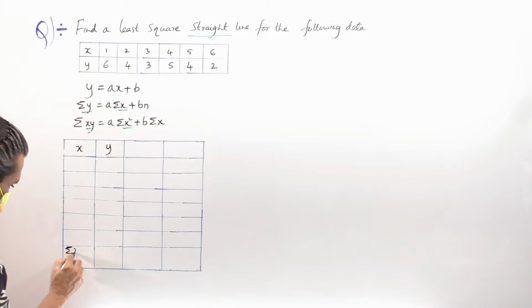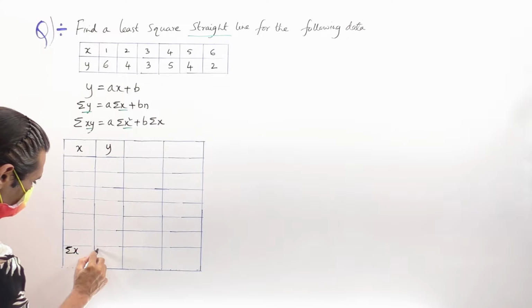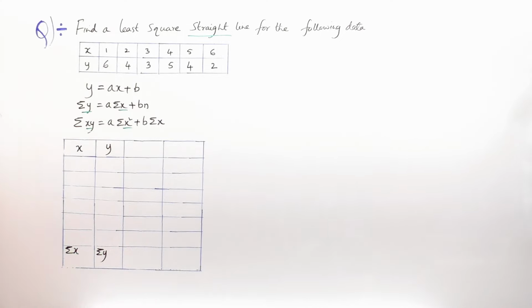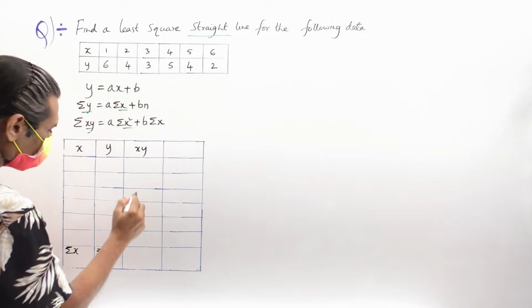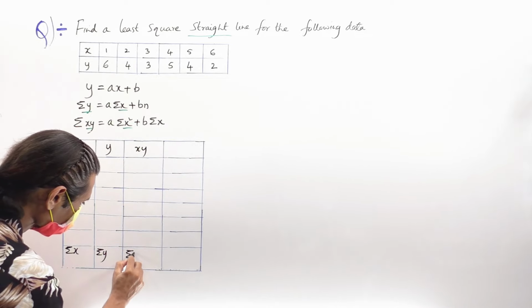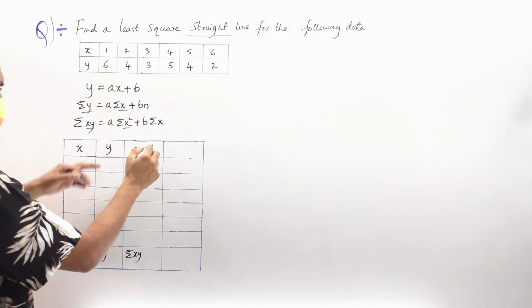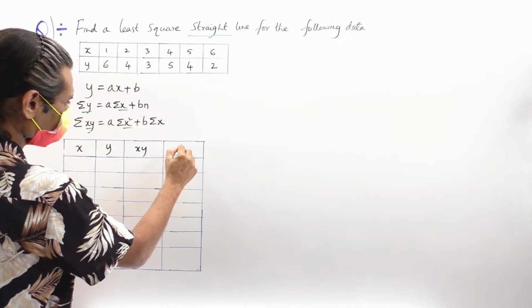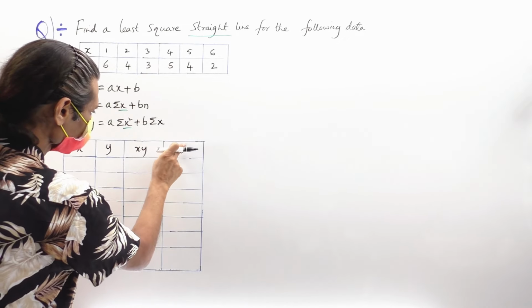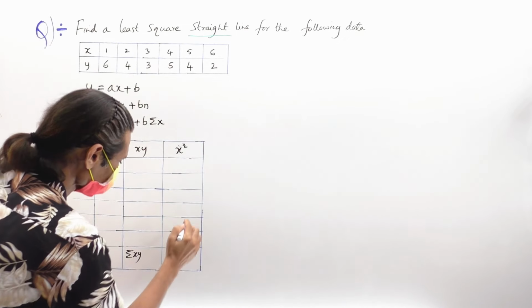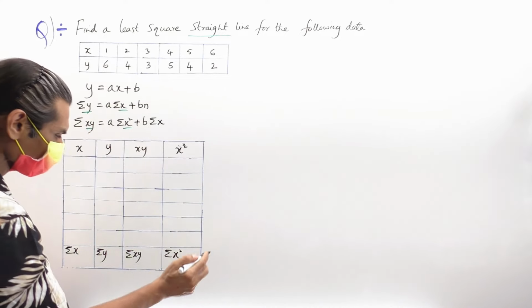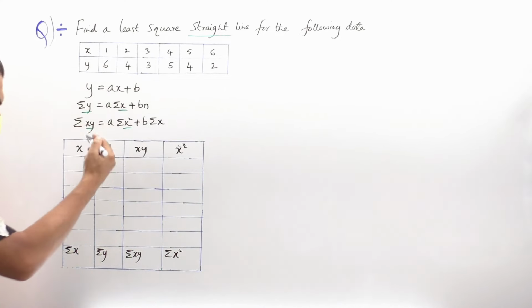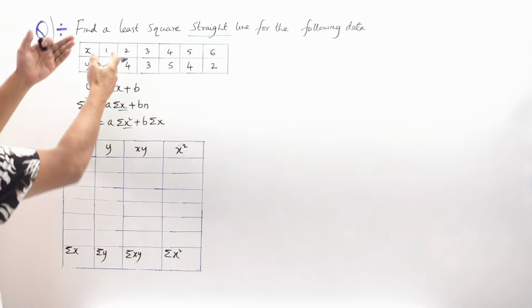When I add the next column, I get sigma y. Then I need xy; when I add this column, we get summation of xy. And lastly x squared; when I total this column, I get summation of x squared. Fine. Now let's input all the values here first.